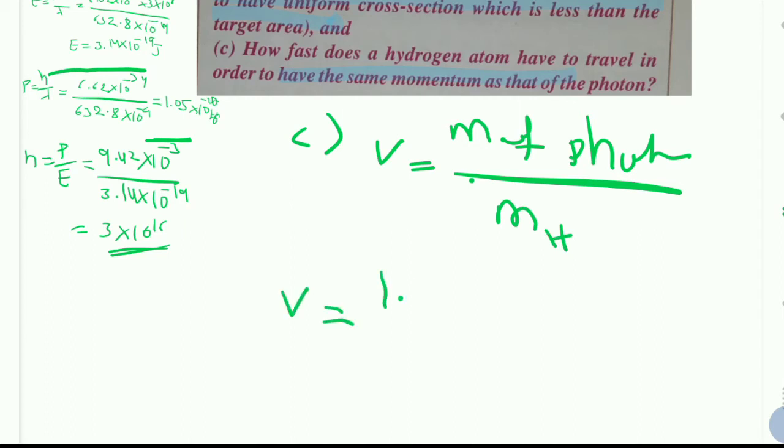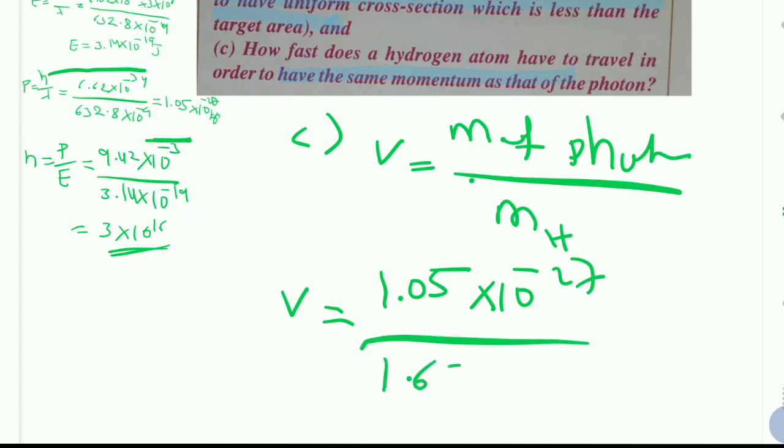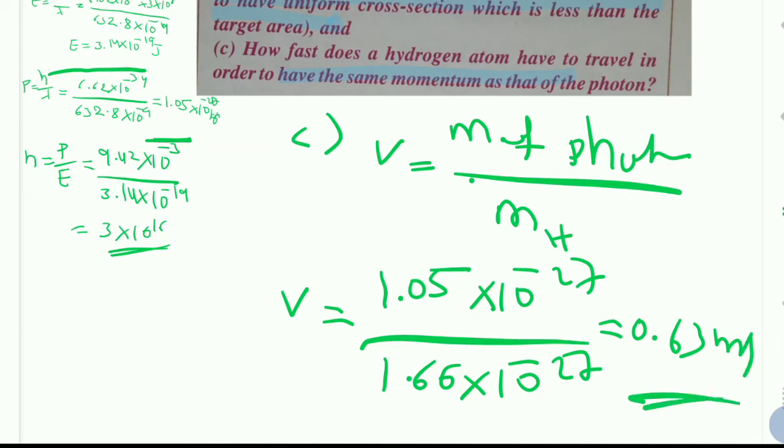So 1.05 into 10 to the power of minus 27 by 1.66 into 10 to the power of minus 27. After solving, 0.63 meter per second. So this is our answer.